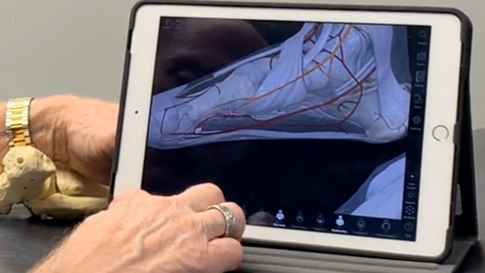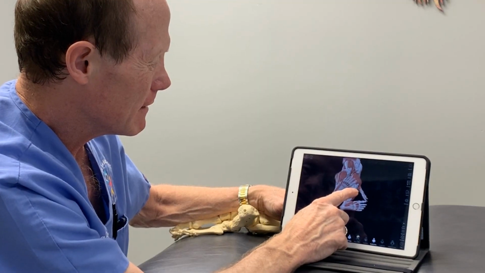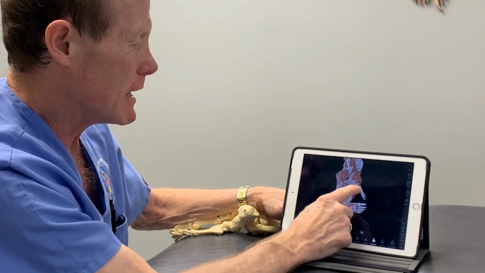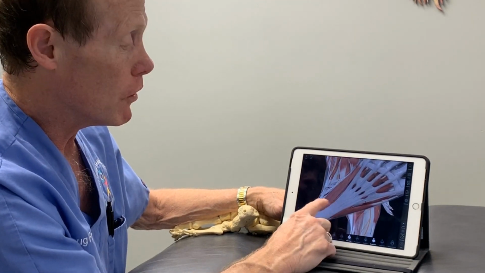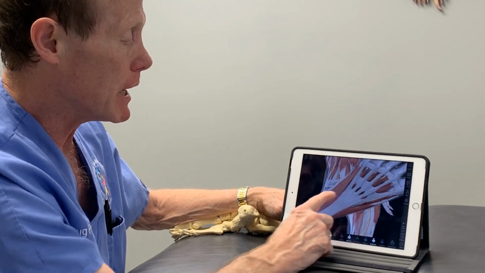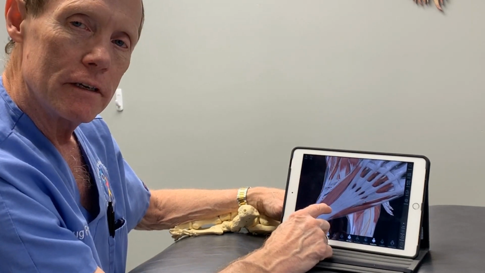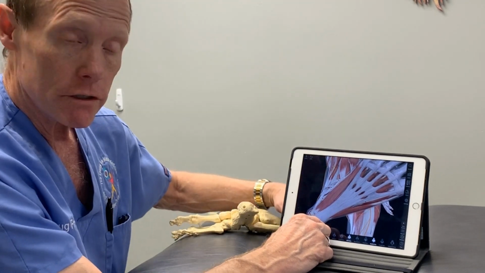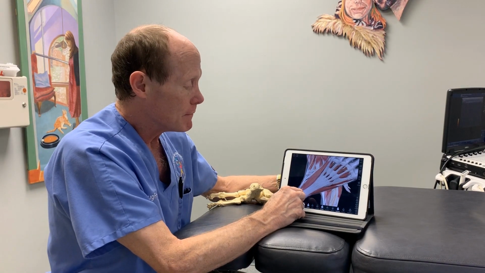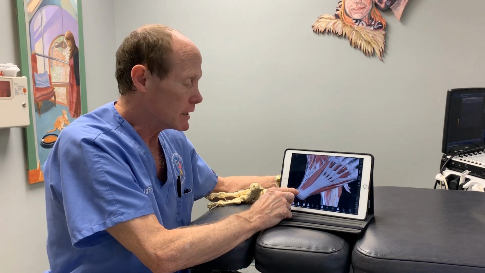Now if we add some muscles, you can see that the foot still has plantar fascia as the bottom portion with all the muscles added. This is the bottom most supportive structure on the foot in terms of the longitudinal arch. If you have pressure here all the time, this is what's going to get inflamed.